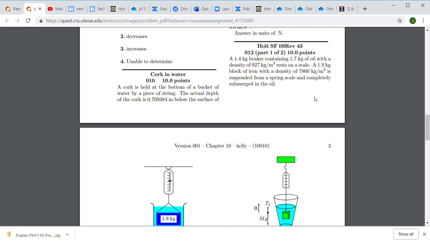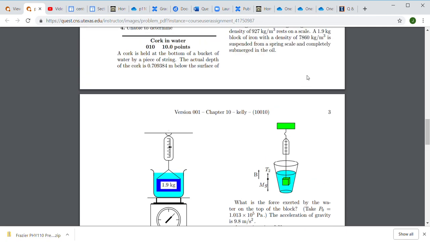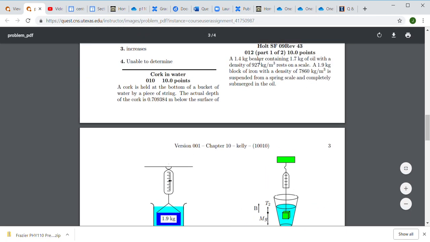That is equal to the volume of the fluid displaced because it's completely submerged. Then we multiply that times the density of the fluid, in my version of the problem, that is 927 kilograms per cubic meter.